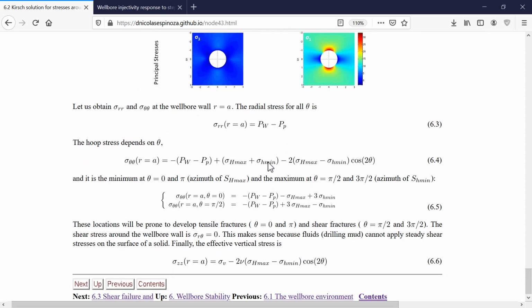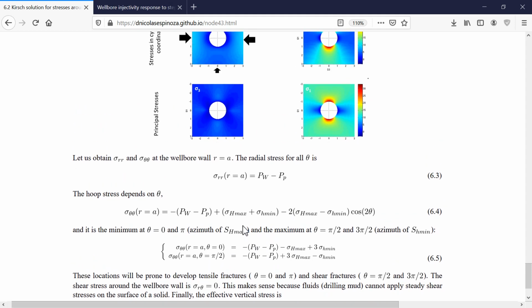And finally, here you will have the equation of sigma theta theta as a function of theta. What we're doing now is just writing the solution at theta equal to 0 and at theta equal to pi over 2.